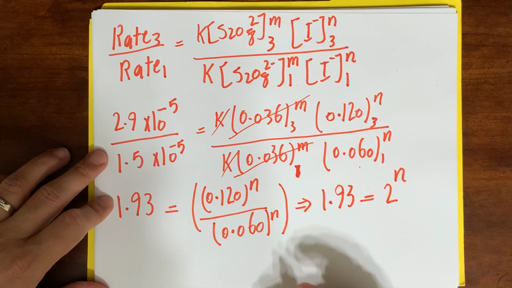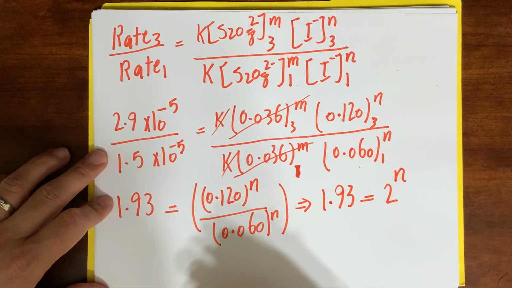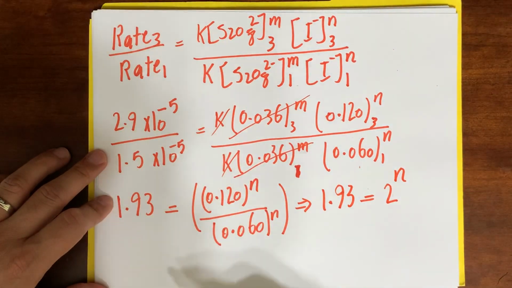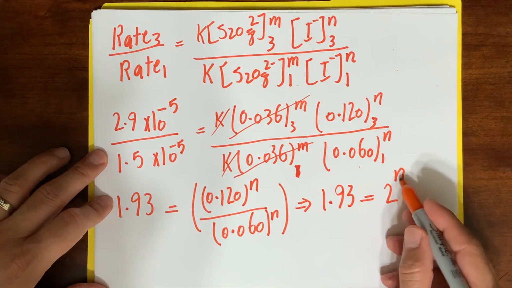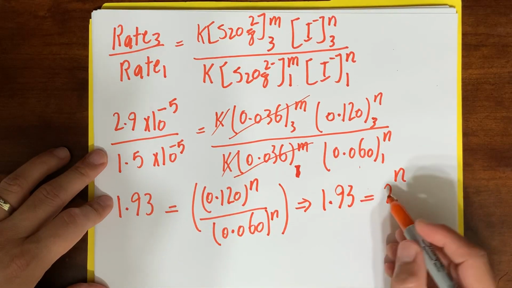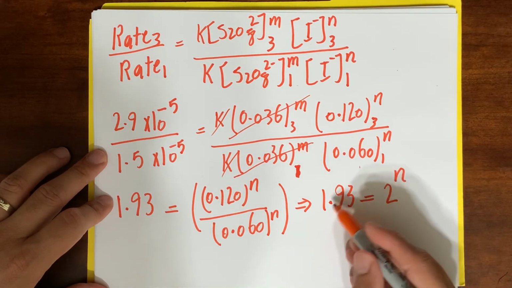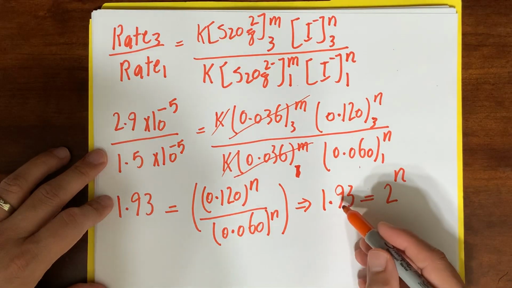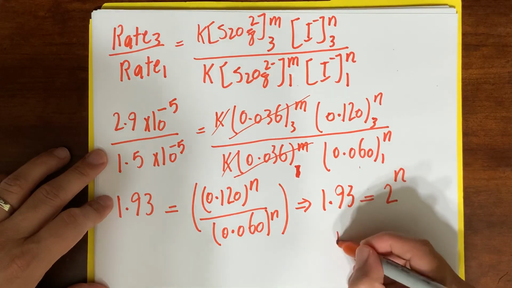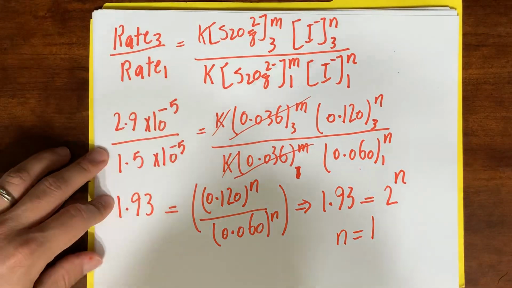You will do exactly the same calculation like the one I did for S2O8, and n, in this case, will be 1. We have 2 to the power of something. It has to be equal to 1.93, which is almost 2. So n has to be 1.